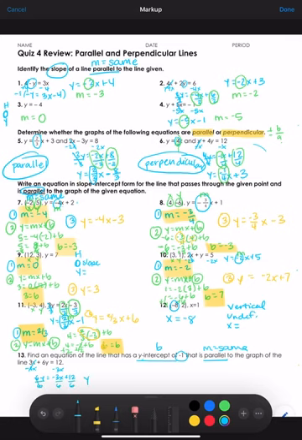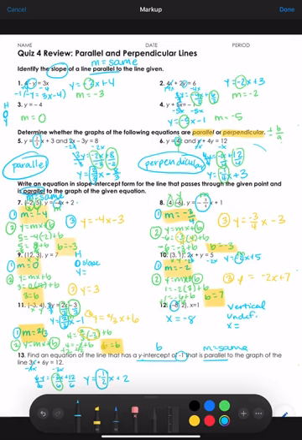So I get y equals negative 3 divided by 6, they're both divisible by 3, so negative 1/2 x, and then 12 divided by 6 is 2, plus 2. So now I can see my slope is negative 1/2.